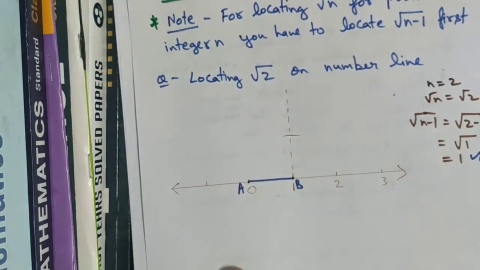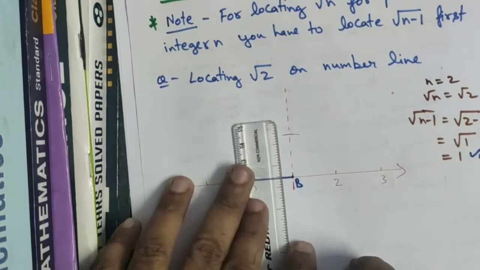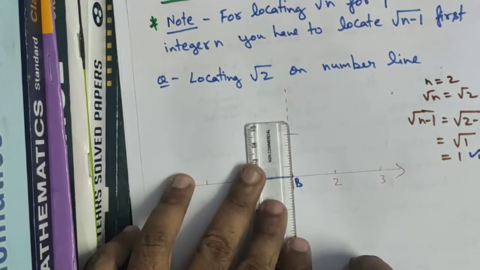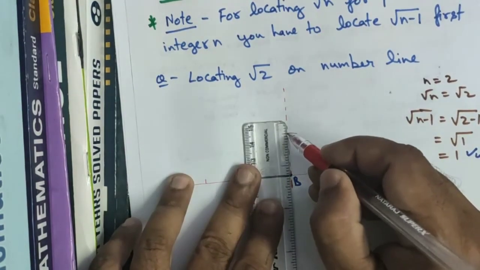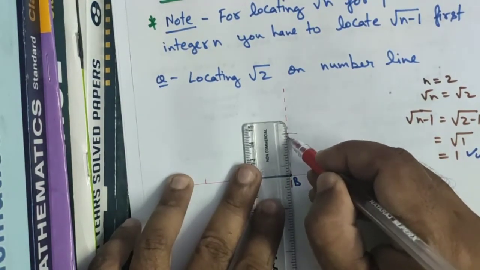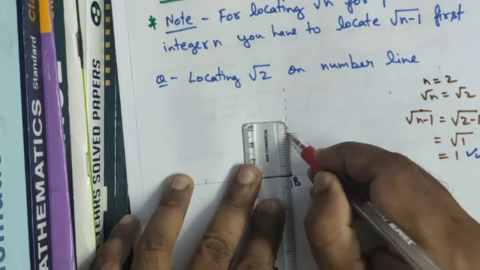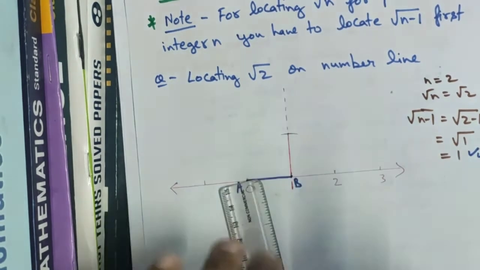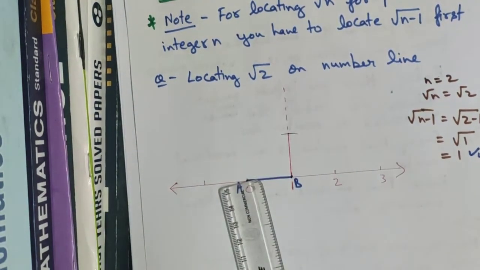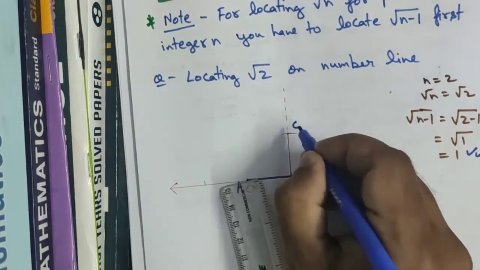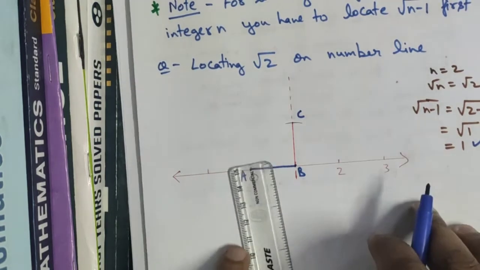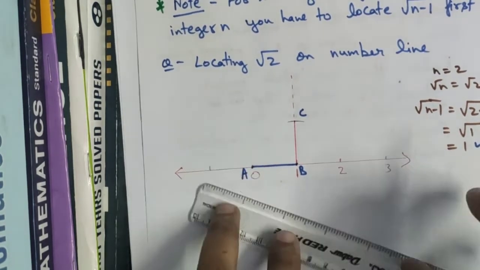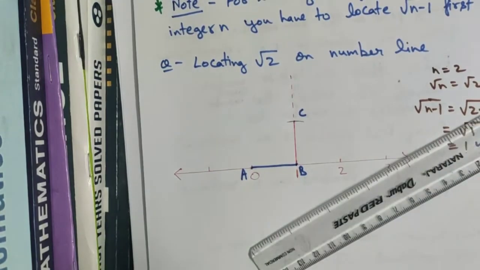This will be point C. Then the next step is that we will join AC.